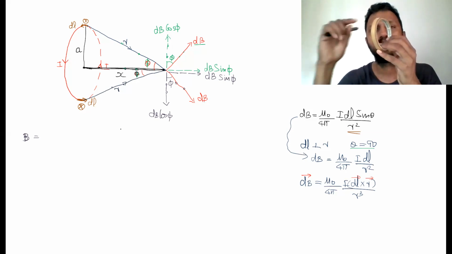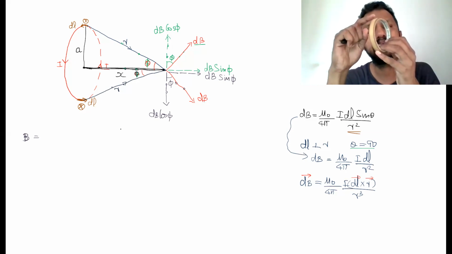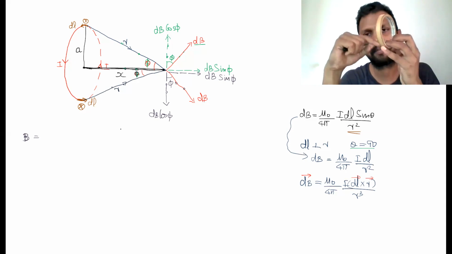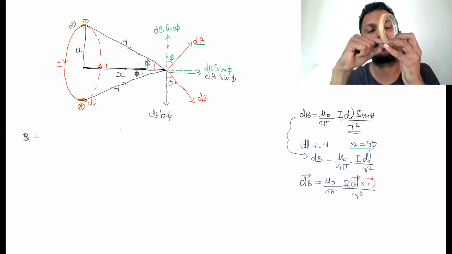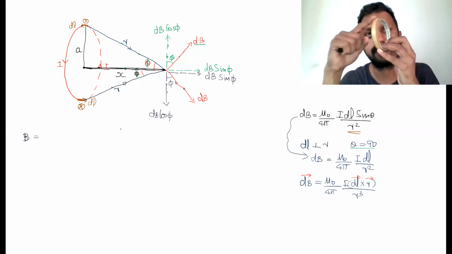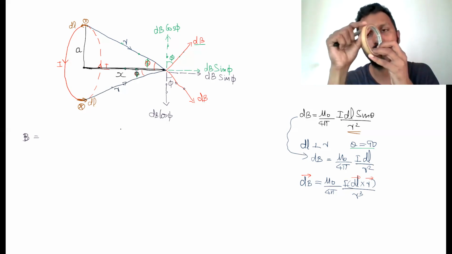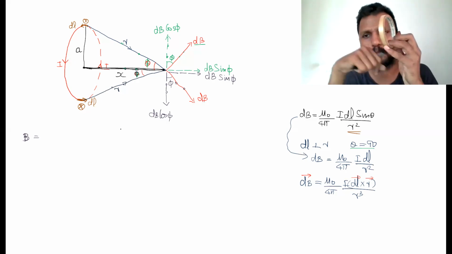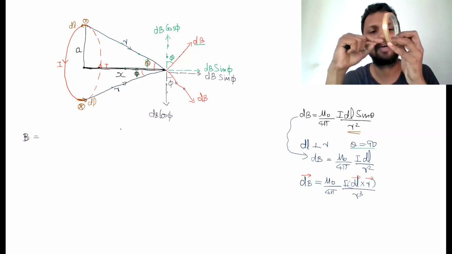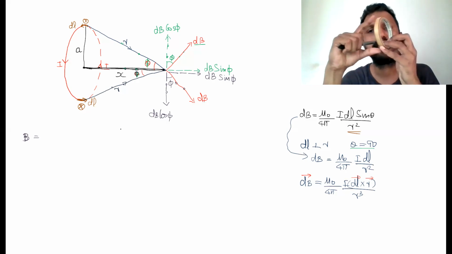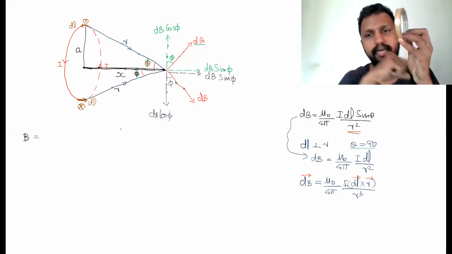It's because in this case, we have only taken these two dl. We could take dl at any side of this conducting loop. In all those cases, if you take a dl over here and a dl over here, their DB cos phi components will get cancelled.